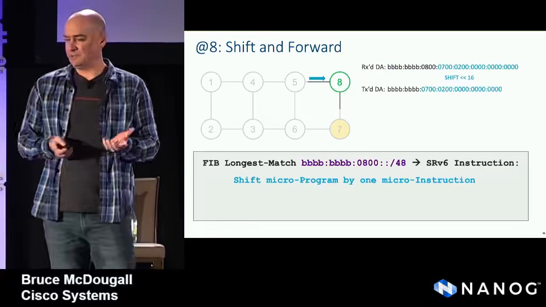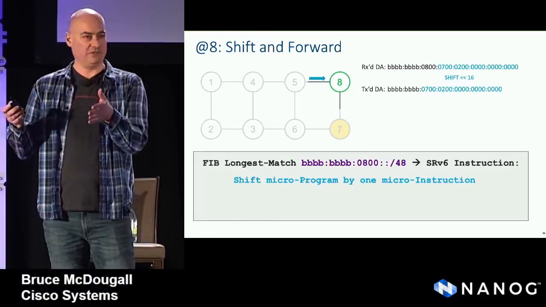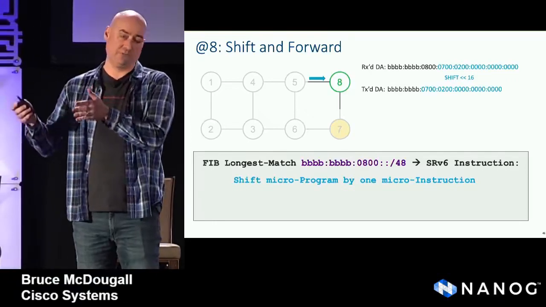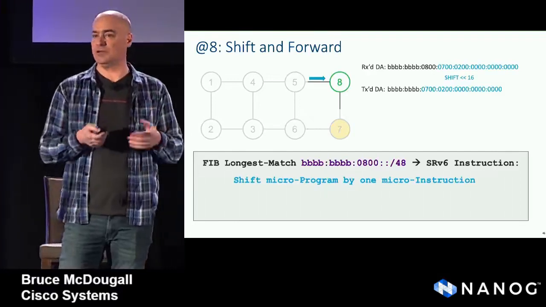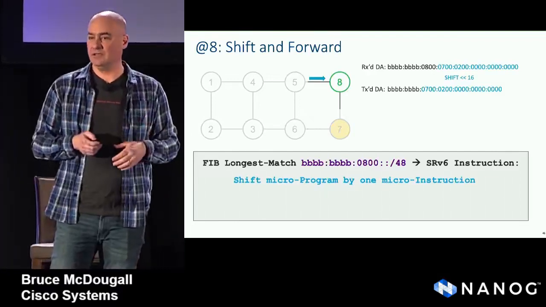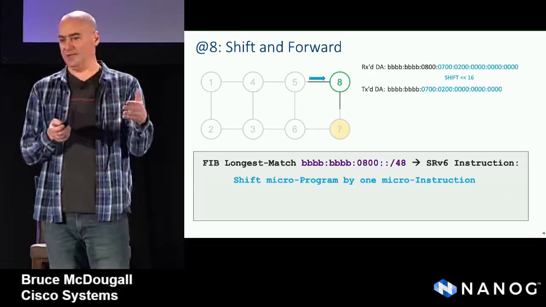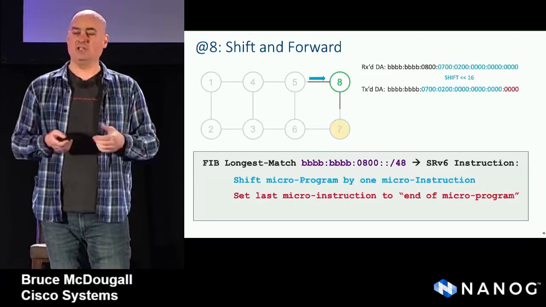What router 8 is going to do with this packet is, after the first 48 bits, it's going to shift forward 16 bits. It's going to essentially take its locator out of that IPv6 address. So when it shifts it forward like that, we have essentially a new destination address.